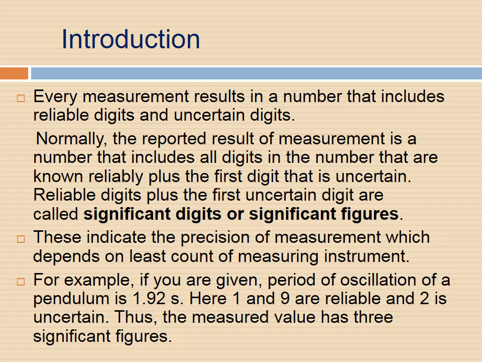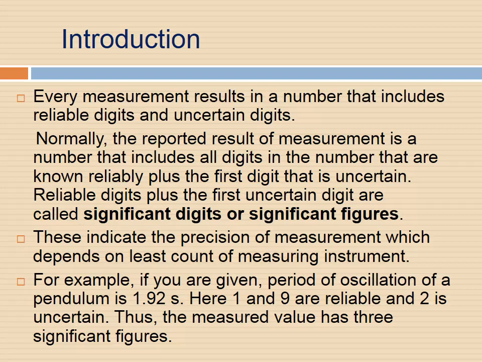Normally, the reported result of a measurement is a number that includes all digits in the number that are known reliably, plus the first digit that is uncertain. Reliable digits plus the first uncertain digit are called significant figures or significant digits.